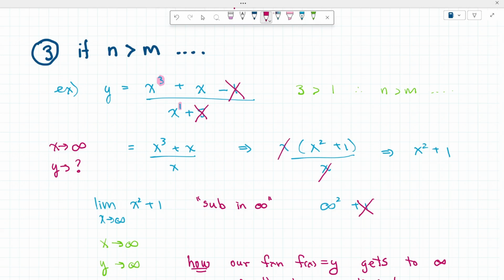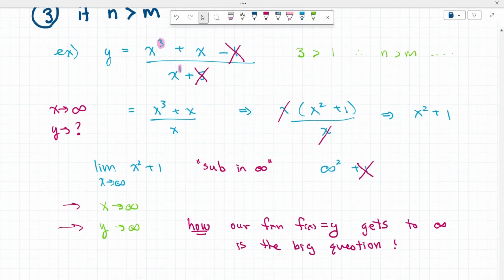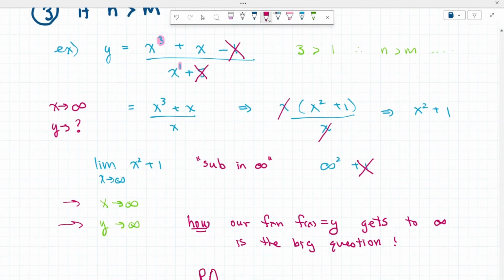So again, we see that as x goes to infinity, y is also approaching infinity. But we want to know how our function is getting to infinity. What is its trajectory? We want to know what is its path. How is it getting there? Previously, we would see that as x approached infinity, y would either approach 0 or some constant value.